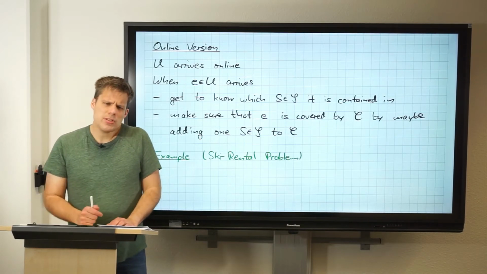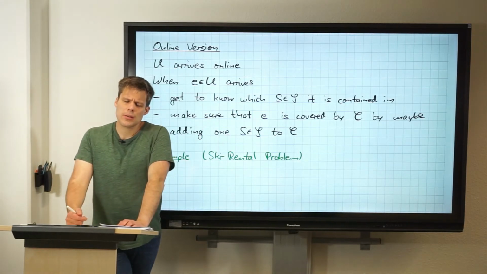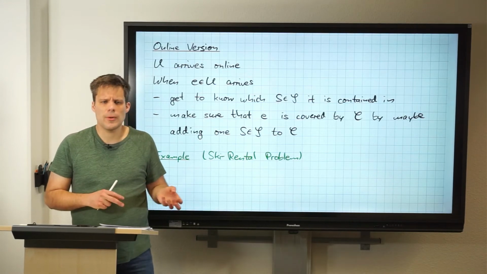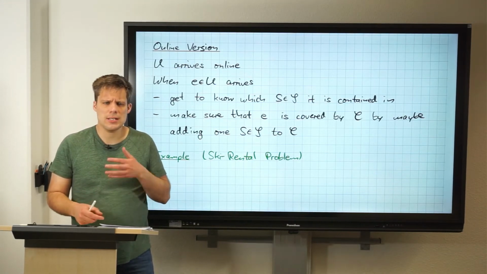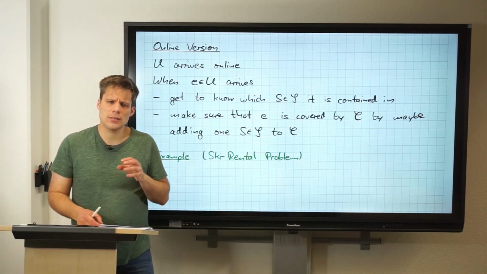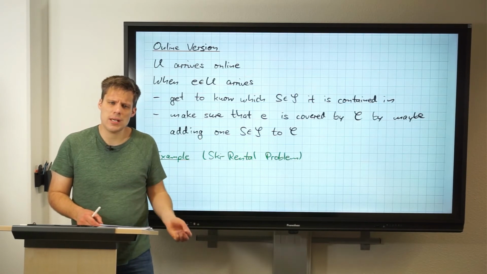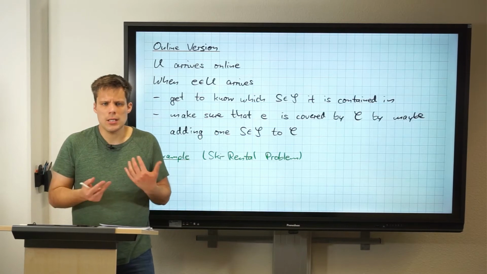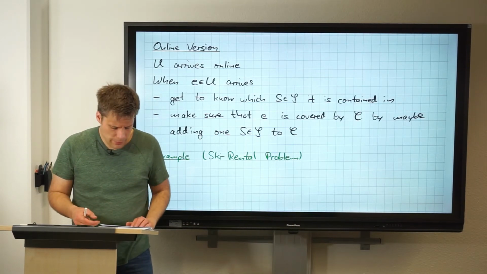Well, in our original formulation of the ski rental problem, we said every day we get to know whether or not it is a skiing day. Let's simplify our life and just assume that every day is a skiing day. We just don't know how many days there are. This is just an equivalent formulation.